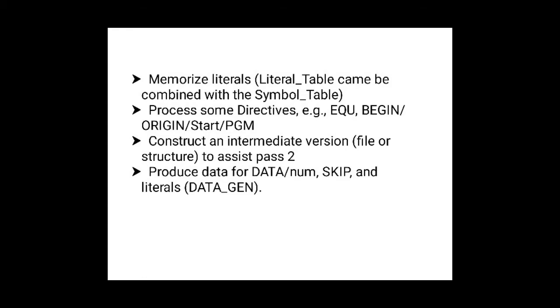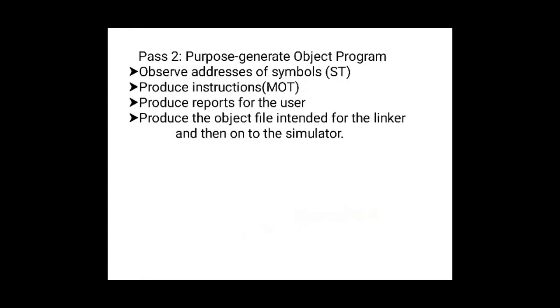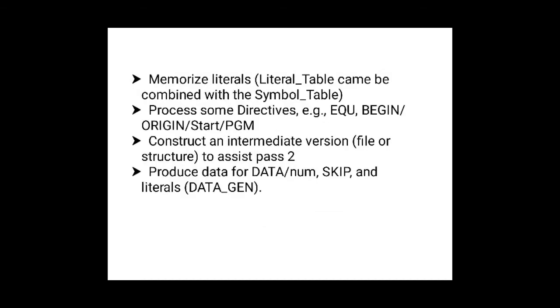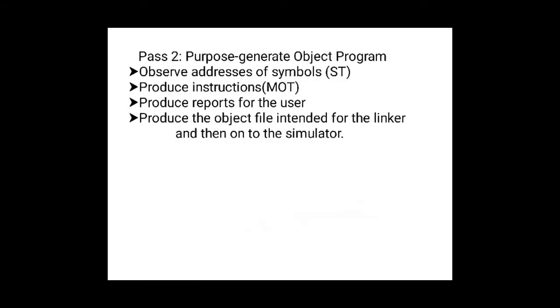Then it processes some of the directives like EQU, begin, origin, start, END and so on. Then we have to construct an intermediate version, a file or a structure, which will be used during pass 2. Then it produces the data for data or number, skip and literals, which can be generated from data gen.